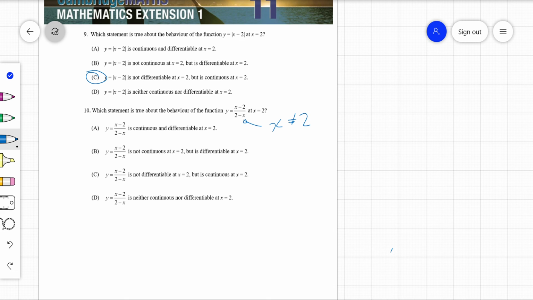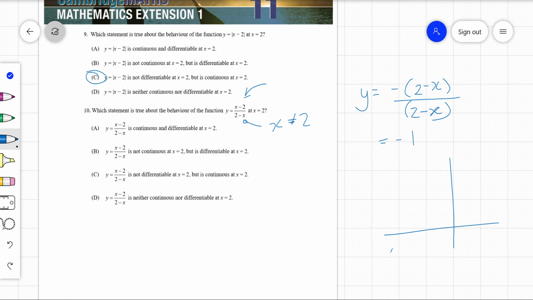The only thing to check is if x cannot be 2 on the top as well, sorry, when you sub in and it's a 0 there, that's when you have a hole, as it were. So if I were to put a negative outside the top, factorize by a negative, it can be the top or the bottom, you'll see we actually get exactly the same bracket. So it's y equals -1.